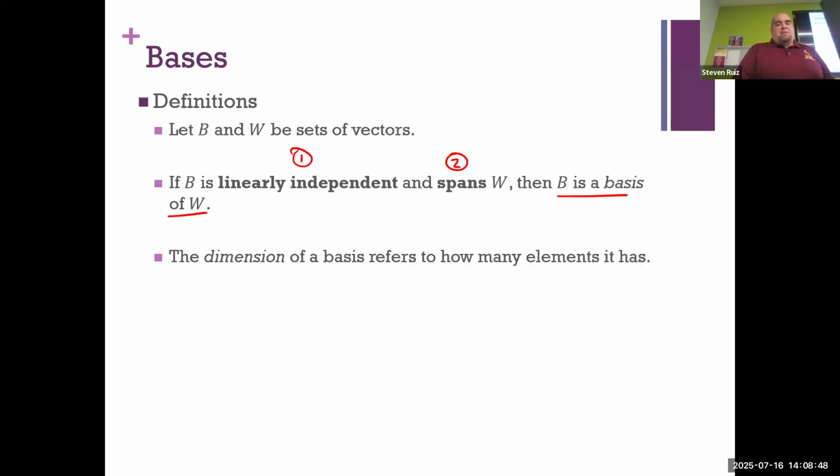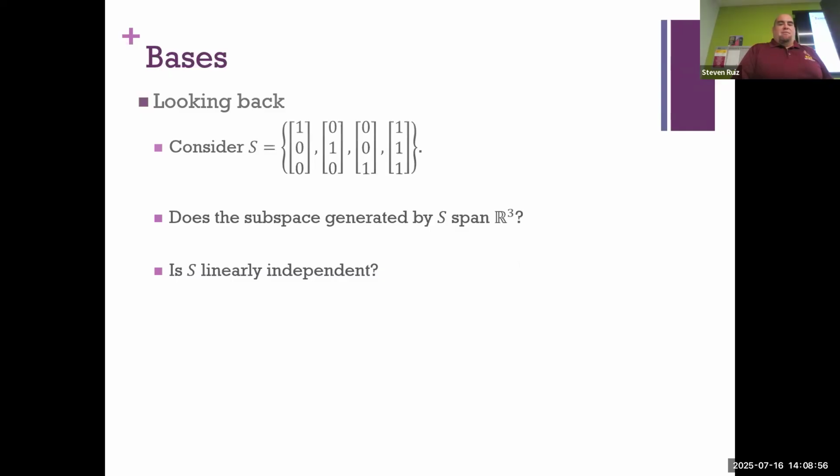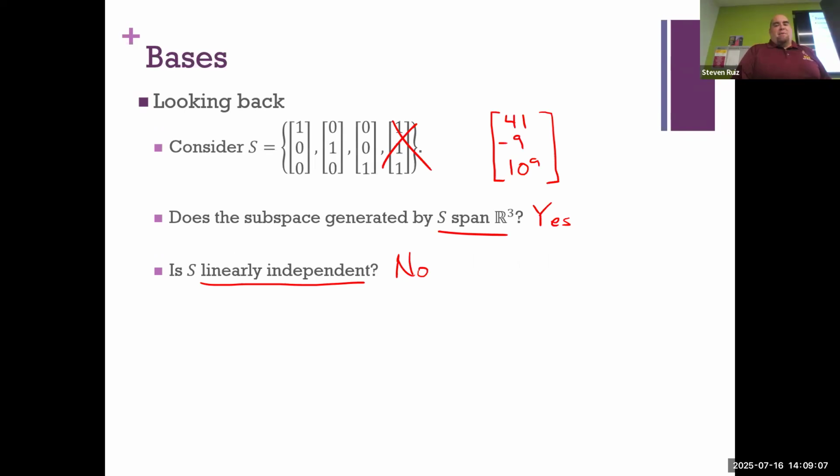So every basis has a dimension. The dimension refers to how many vectors are in it. So what was the dimension of the basis we just talked about? The thing I first gave you was not a basis, right? We whittled it down to something that is. What's the dimension of that basis?